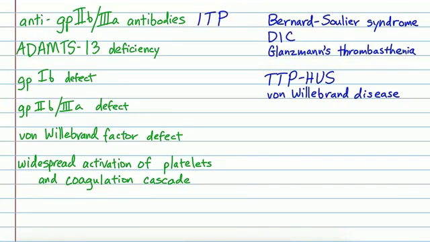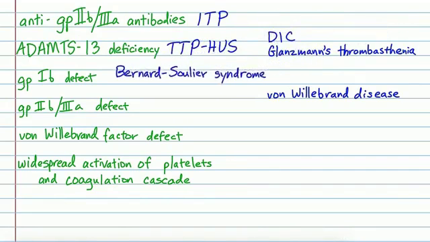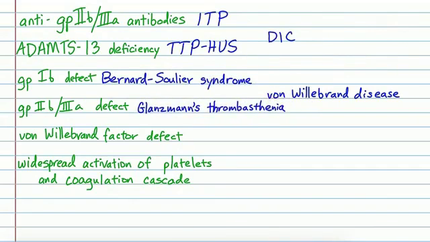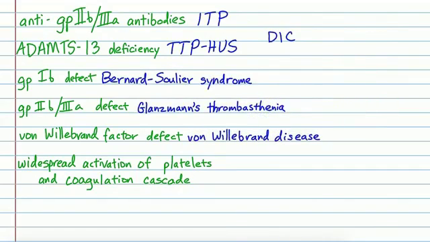Then ADAMTS13 deficiency, we said was associated with TTP-HUS. Glycoprotein 1B defects are seen in Bernard-Soulier syndrome. Then glycoprotein 2B3A defects are seen in Glanzmann's thrombocythemia. Then obviously von Willebrand factor defect is associated with von Willebrand disease. And widespread activation of platelets and the coagulation cascade is DIC.